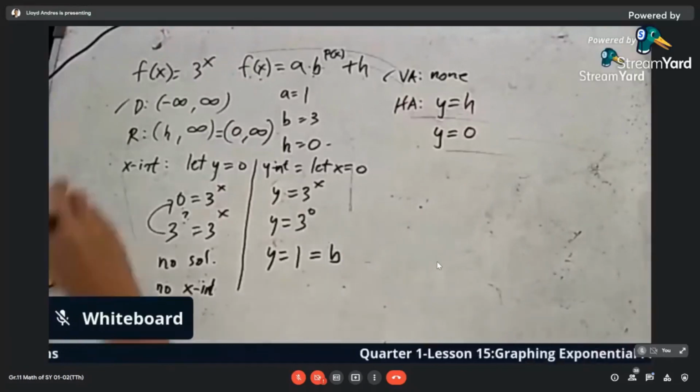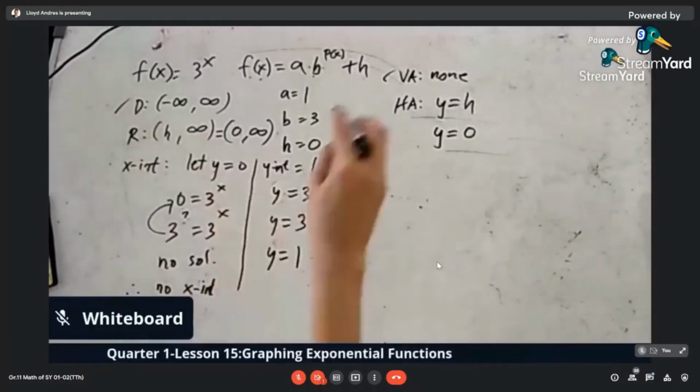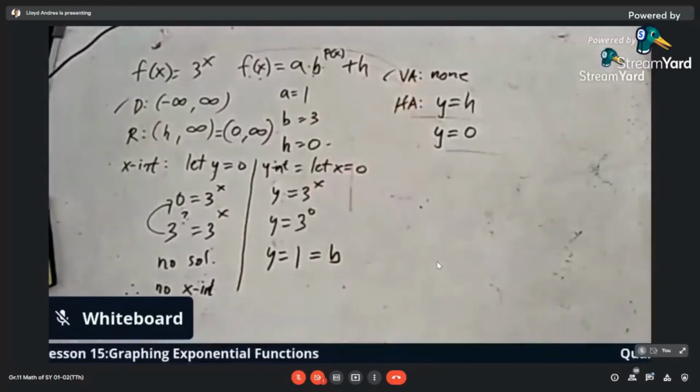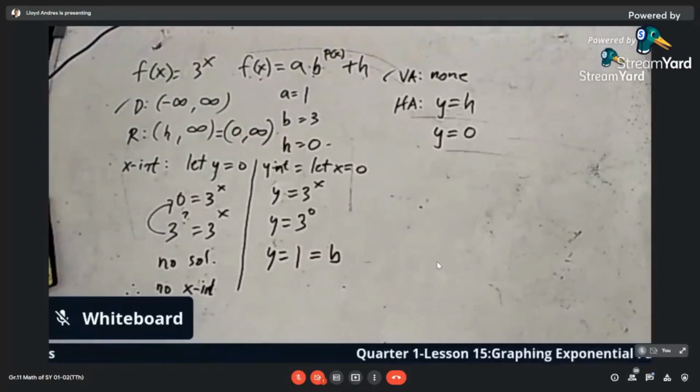So we have the domain, range, x-intercept, y-intercept, vertical asymptote, and horizontal asymptote. That's all, so simple.